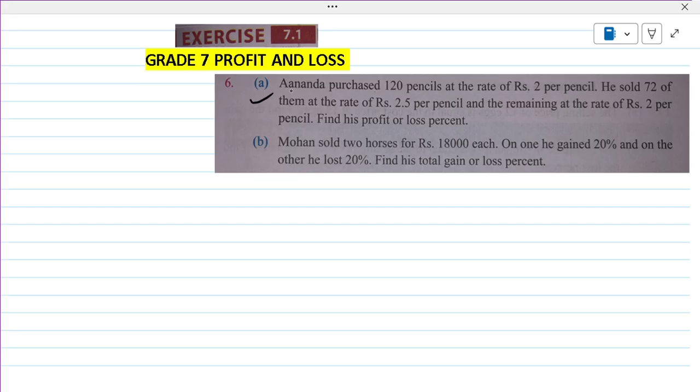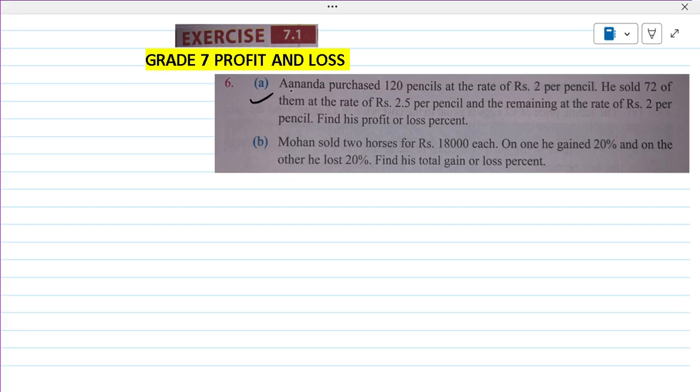So in the question they said Ananda purchased 120 pencils at the rate of rupees 2 per pencil. He has purchased 120 pencils at the rate of rupees 2 per pencil, and he sold 72 of them at the rate of rupees 2.5 per pencil, 2 rupees 50 paisa per pencil, and the remaining pencils at the rate of rupees 2 per pencil.